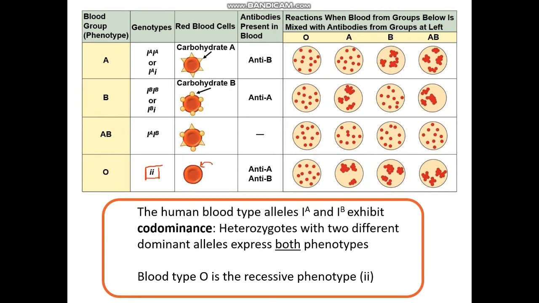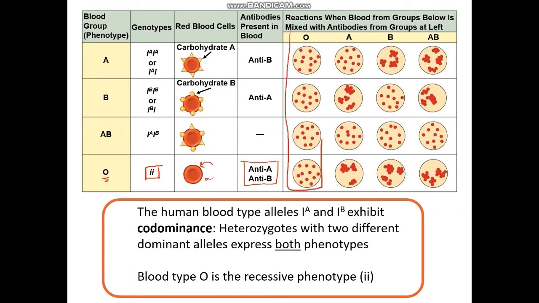As a result, your body will recognize any blood with antigens on it as foreign blood, whether it's A-type blood, B-type blood, or AB-type blood. You cannot receive any blood from a donor that is not O-type blood if you have O-type blood. However, because your blood cells do not make any of these antigens, you can donate your blood to absolutely anyone.